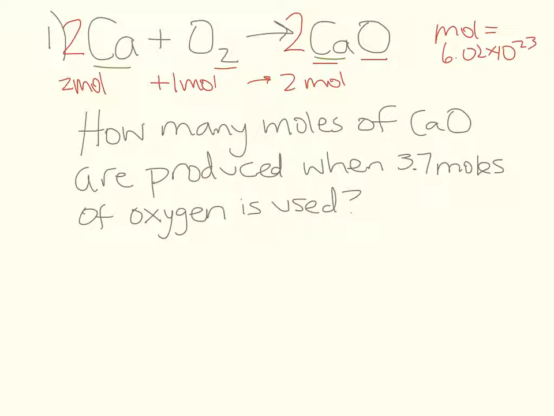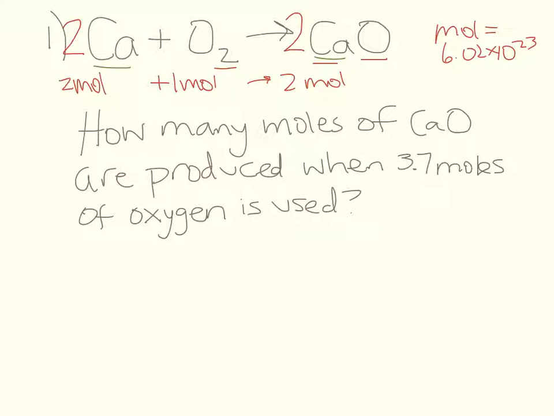So it's just a counting number like dozen or pair. In fact, we could say 2 dozen calcium atoms plus 1 dozen oxygen atoms will make 2 dozen calcium oxide molecules. So it's just a word that means a number.